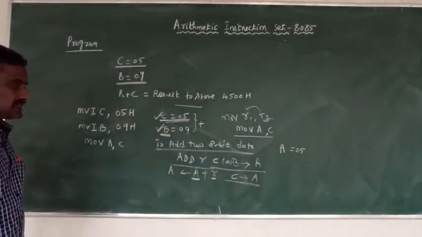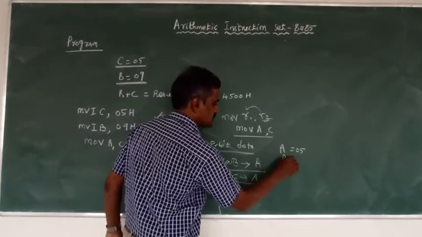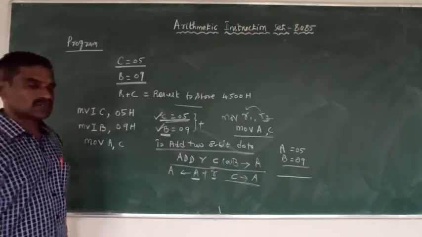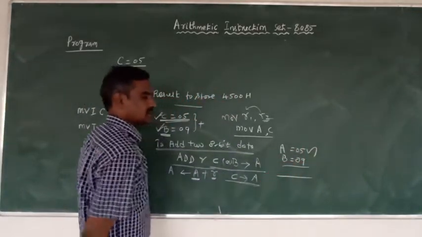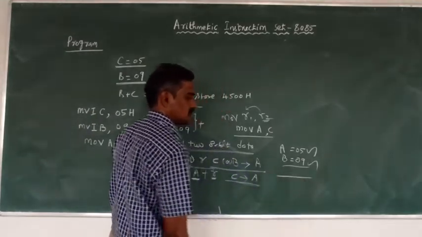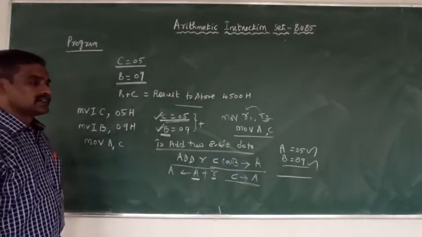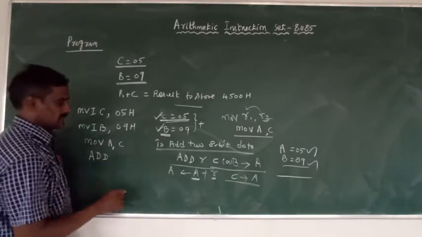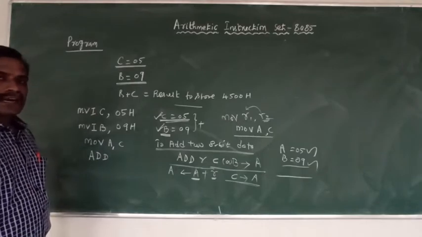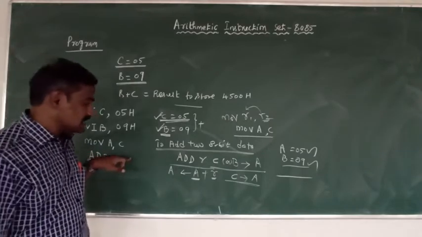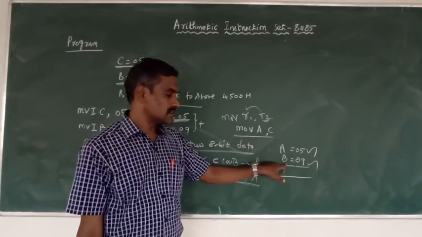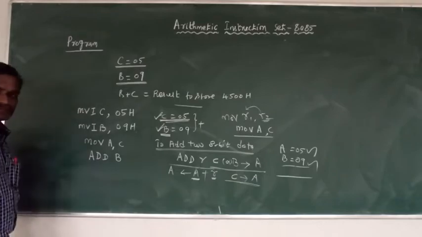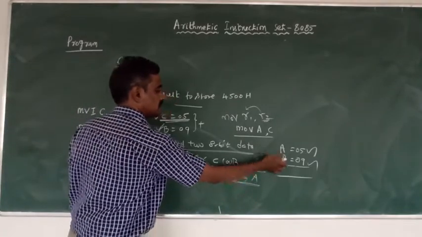The second data available in B register is 09. Now to add these two, data 1 is in A register and the second data is in B register. For that we can use ADD B, which means add accumulator with B register.